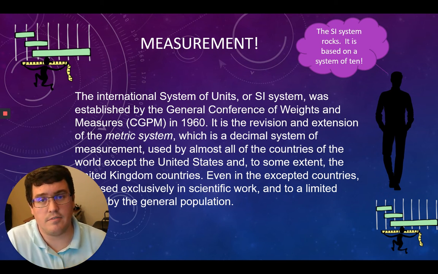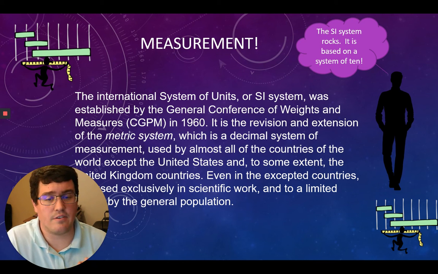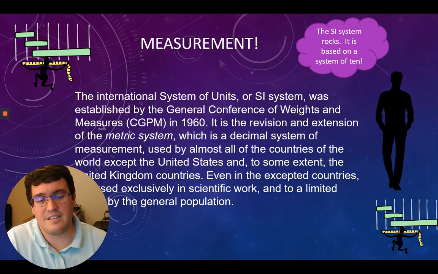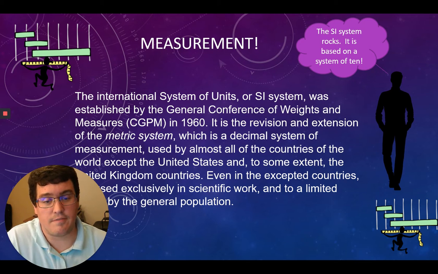There was a big meeting of engineers and scientists, and they got together and decided that this was going to be the standard measurement that engineers and scientists were going to use, and they based it off of an already existing system, which is the metric system, which gets its name from the meter, which is the foundational measurement unit that the French invented and used for many years before it was adopted by the Système International.